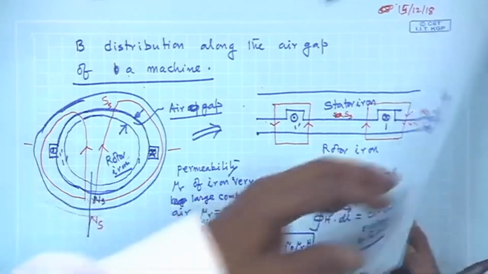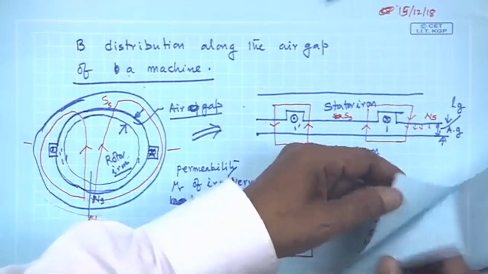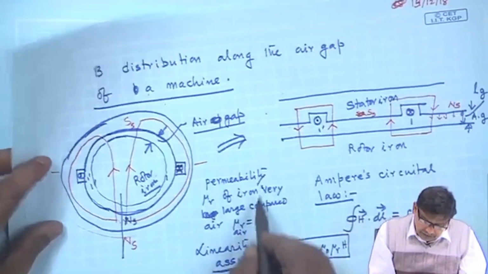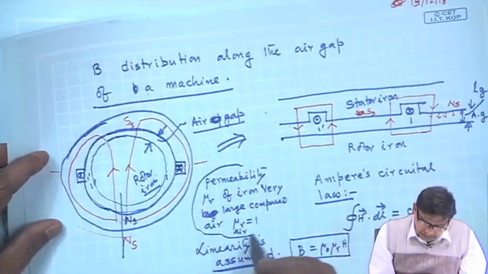You must have undergone courses on how to analyze a magnetic circuit. In view of this, I will quickly tell what the implication of that is, then come back to this problem once again.